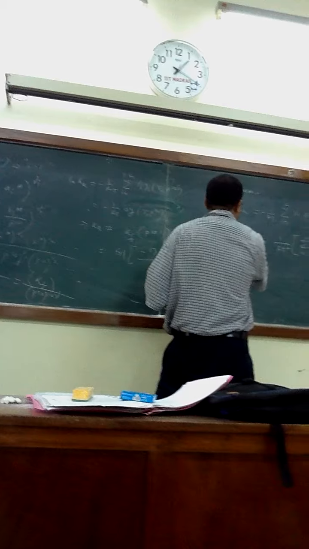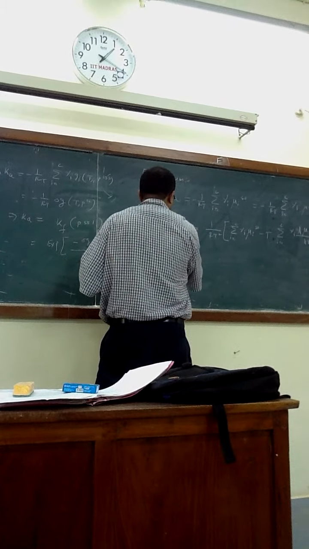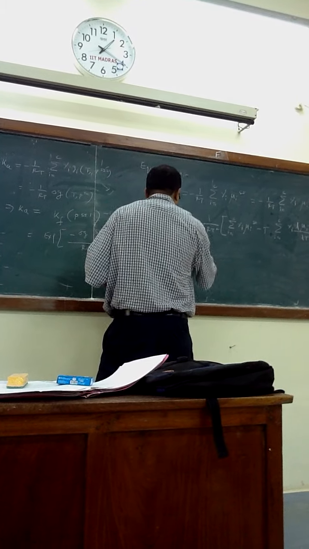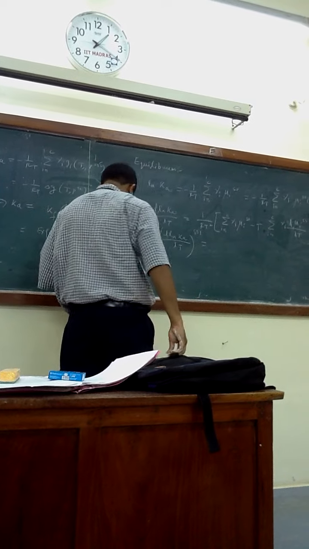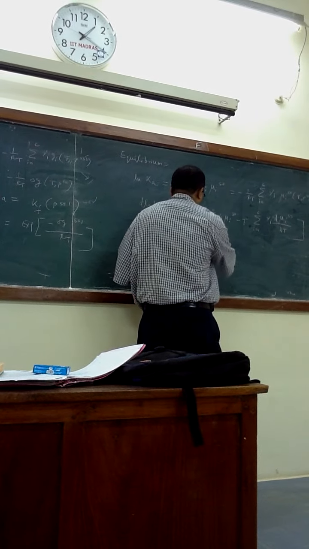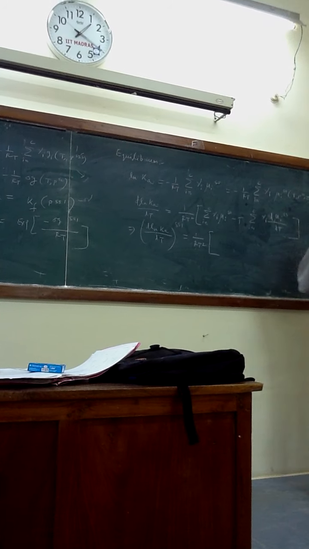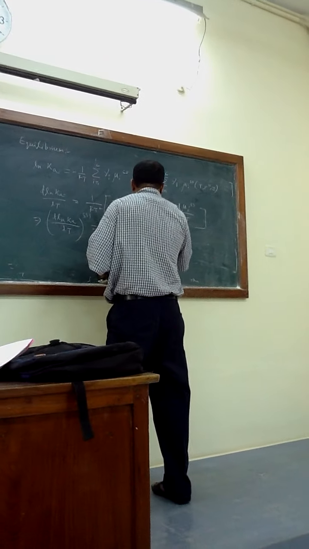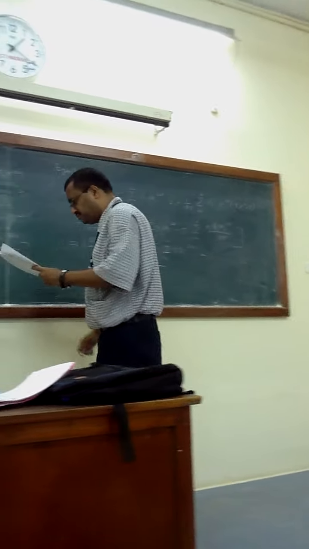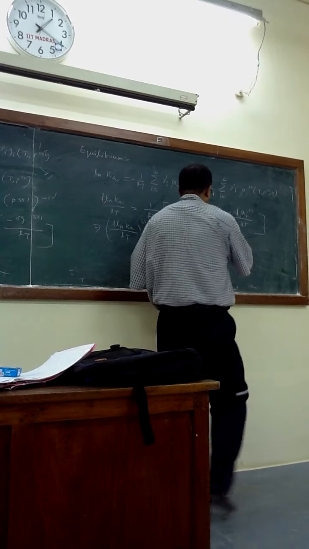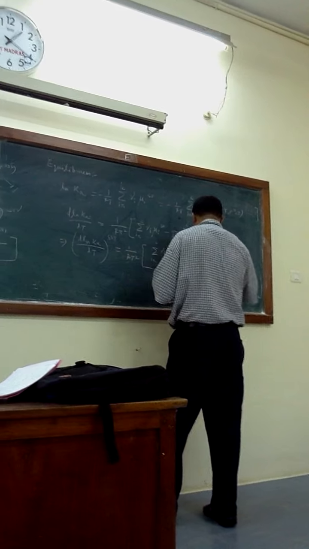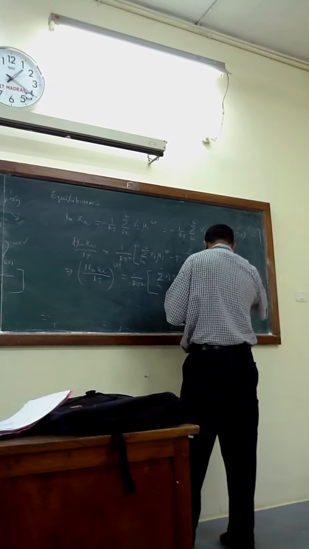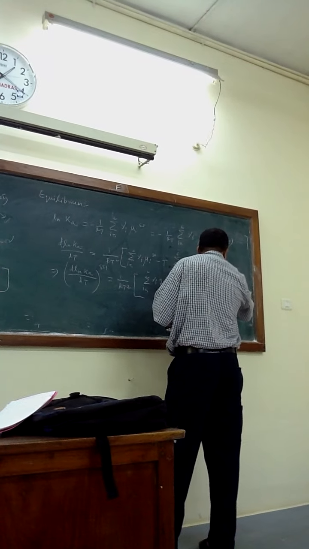What did you get? d ln Ka by dT based on the first steady state is 1 by RT square, times summation nu I Gi SS1 minus T times summation I equals 1 to C gamma I d Gi Ig by dT at constant P, SS1, x bar.